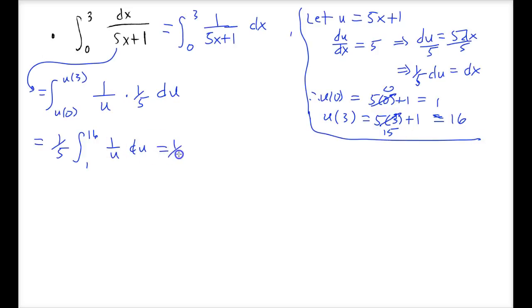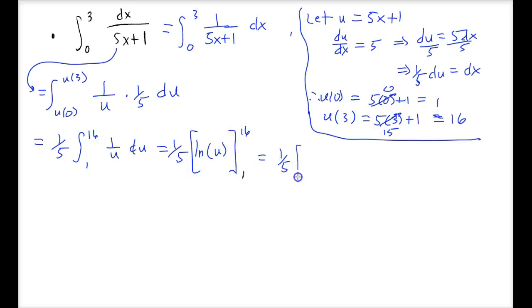And so now we know that the antiderivative of 1 over u is just natural log of u. And we're not going to worry about having u in absolute value signs because all the values that we're dealing with are non-negative. So we're just going to say natural log of u like this, and we will evaluate that from 1 to 16.